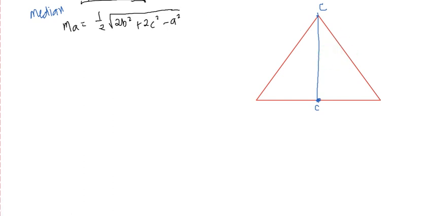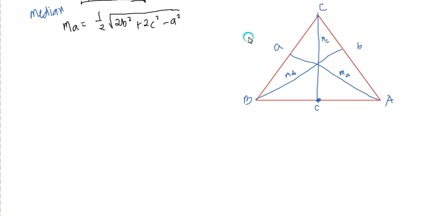So, we will have this: big letter B, big letter A, this is A, this is B. These are our medians. So this is MA, this is MB, this is MC. Take note, the formula for our median can be used at any part of our triangle.